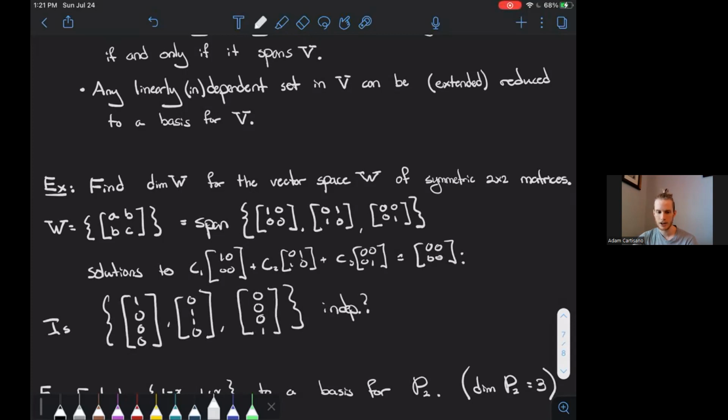And you look at it and you think, of course. Augment the matrix, where those are the columns, with the 0 matrix, and then row reduce. It's almost row reduced already. But what you'll find is that the coefficients you need to solve that linear system are precisely the ones where C1, C2, and C3 are 0. So this set is linearly independent.